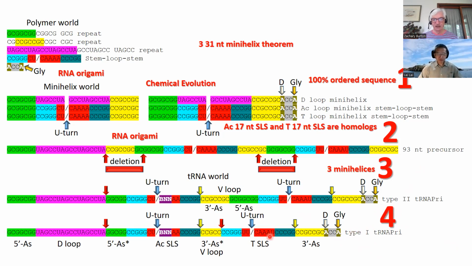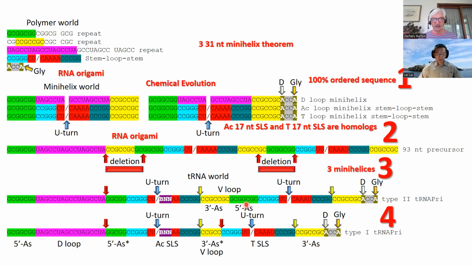Comparing this molecule to this molecule, the only difference is in the variable loop. Here you have 7 yellow plus 7 green. Those 7 in yellow, that's a 3' acceptor stem. The 7 green, that's a 5' acceptor stem. So 7 plus 7 is 14. To make this molecule here, you have to delete these 9 here.